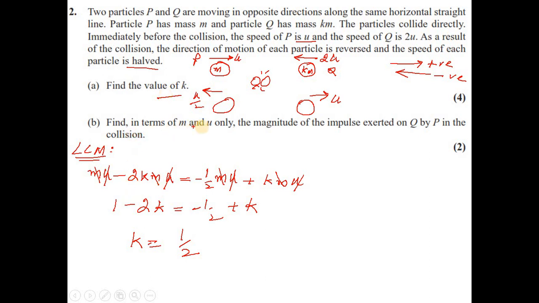Part B: find in terms of m and u only the magnitude of impulse exerted on Q by P. Impulse exerted on Q, I_Q, is the change in momentum of particle Q. So final momentum, which is kmu, minus initial momentum, which is minus 2kmu.